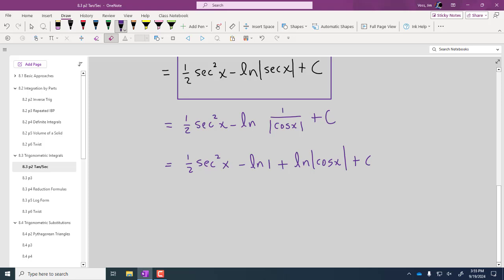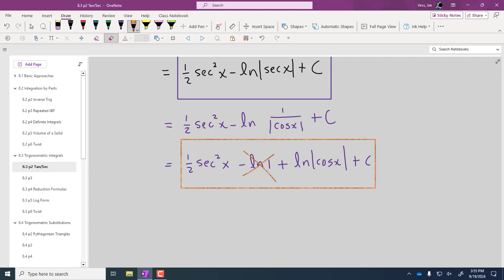And what's the natural log of 1? 0. So that's gone. So that answer is equally as good. I would accept either. Just be aware that when you're looking at my math lab, you may see that and be like, what's going on?